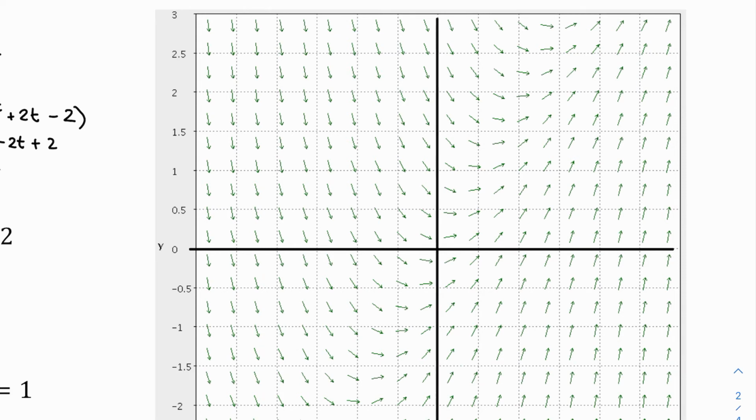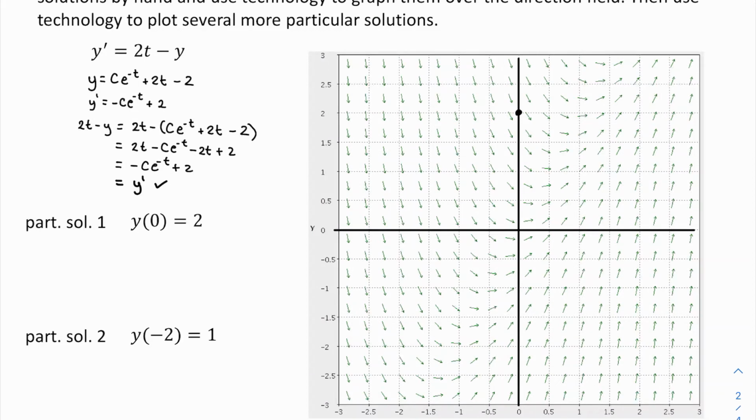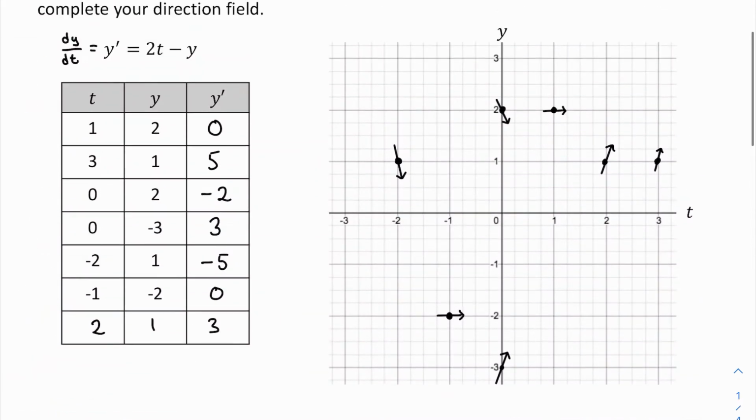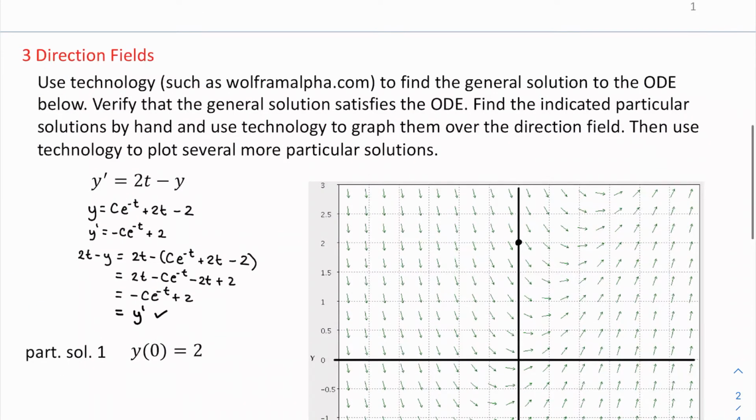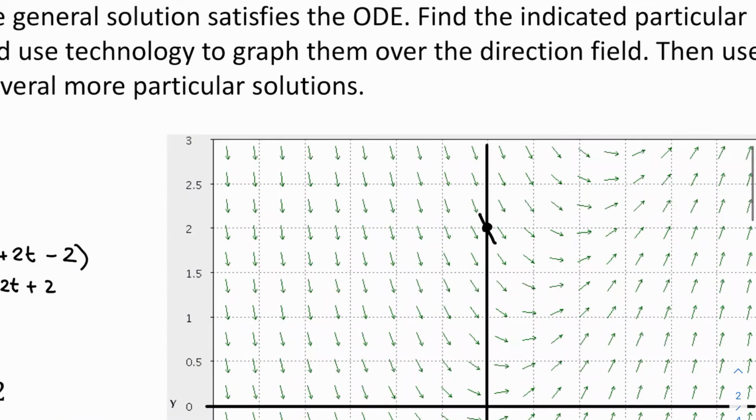And 0, 2 is a point on this curve. Looking back at our previous work, we saw that at 0, 2, we expect the solutions to have a slope of negative 2, which is what you're seeing with these direction arrows. We expect our solution to be passing through that point, something like this, whatever our solution is that goes through 0, 2.